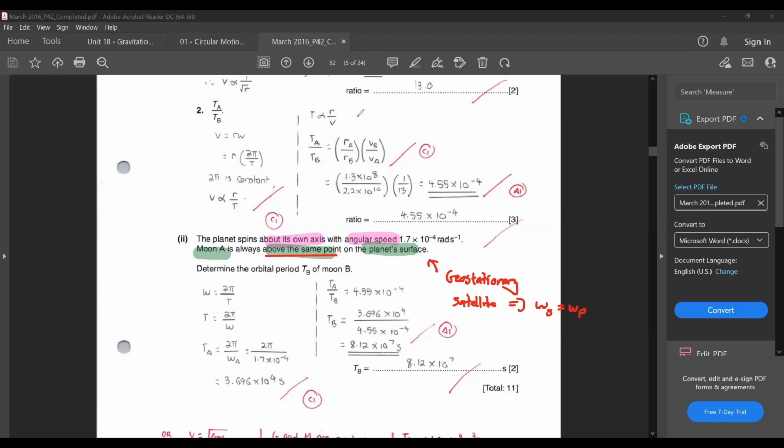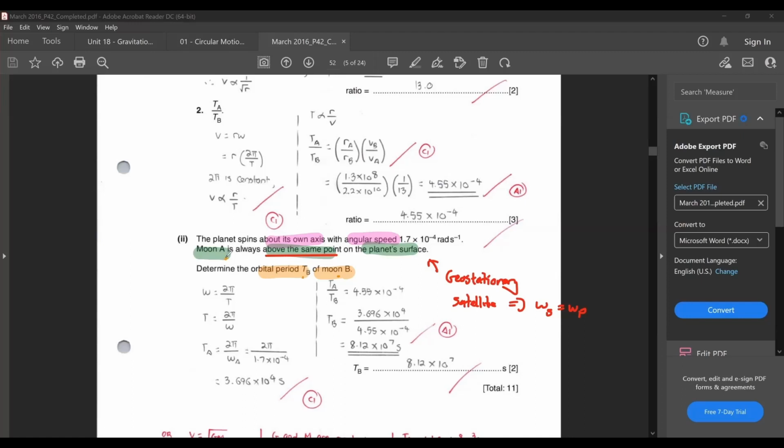All right. Then from here, they suddenly say determine the orbital period TB of Moon B. So here they tell you moon A, then suddenly they ask you for moon B. Seems to be a bit odd, right? Now there's a reason why you have period for moon B here.